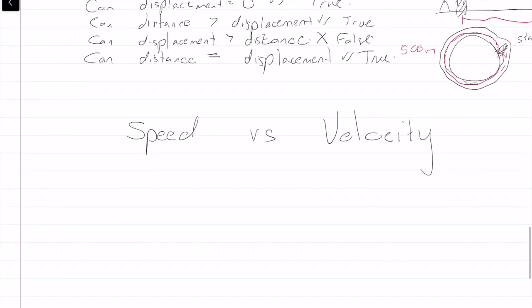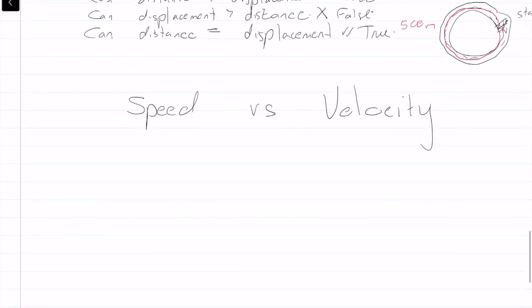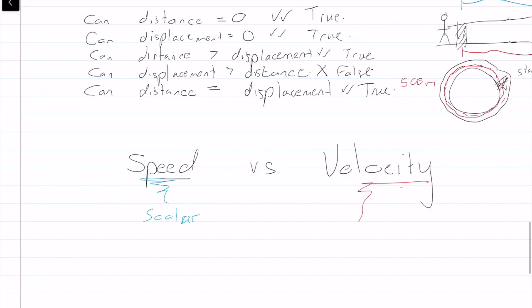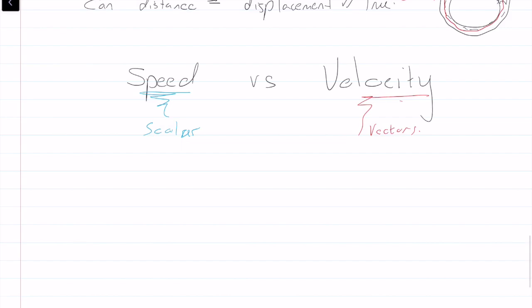Okay, so moving on to speed versus velocity. I'm going to keep the same color code: blue for, you guessed it, scalar, and red for vectors. Okay, so let's get some definitions out of the way. What is speed? Speed is the rate of change of distance. And what is velocity?